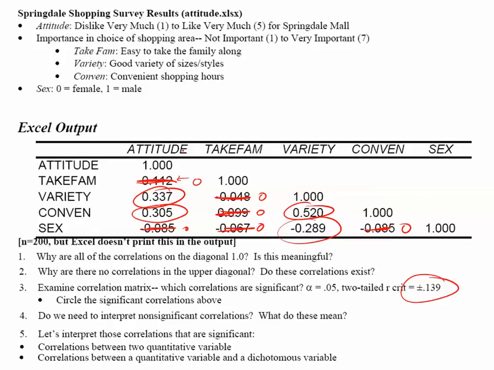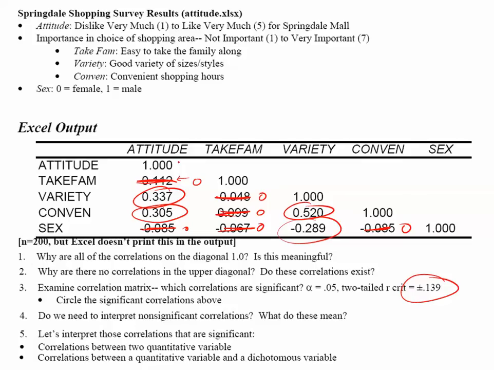Well, it seems like the attitude and the variety are related. So when a customer sees that they have a high variety in products, they tend to have a higher attitude. When the customer sees that there is convenience, maybe the bathrooms are situated in the right places or they have different amenities, they also have a higher attitude. It doesn't appear that gender really affects the attitude towards the mall.